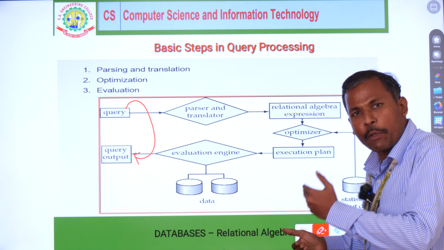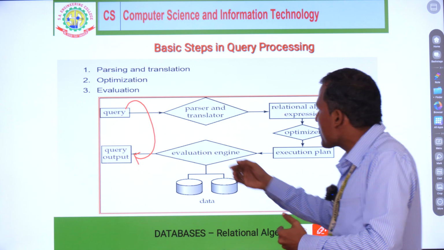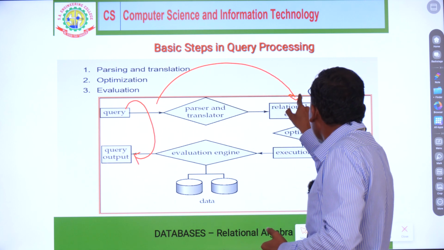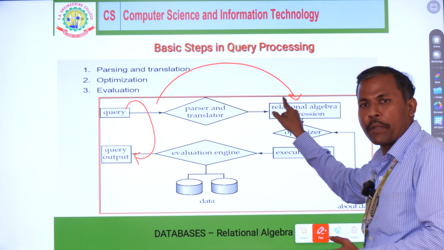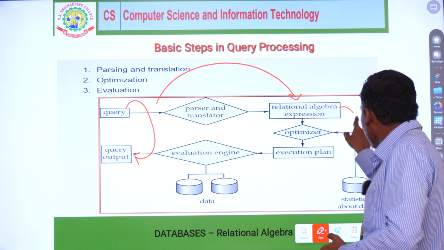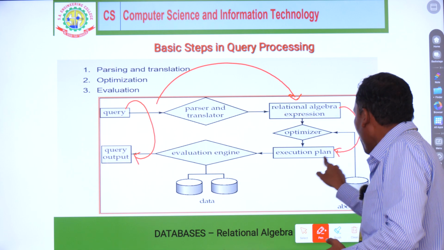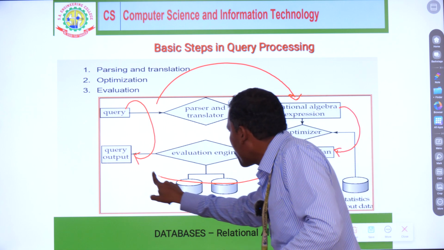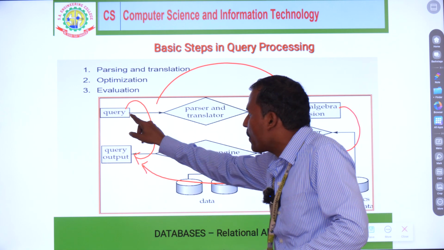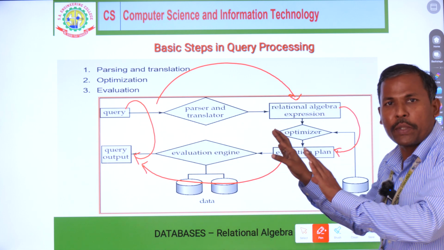Whatever SQL query we give is converted into a relational algebra expression, and this is what my today's topic is all about. This relational algebra expression is then converted into an execution plan, and the execution plan is then converted into the query output. So this is what my query, select star from student, is all about.